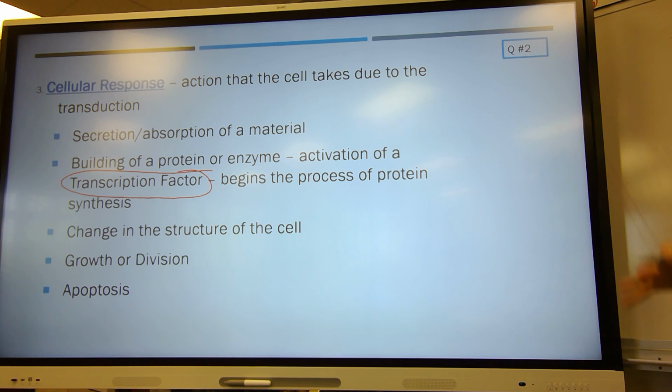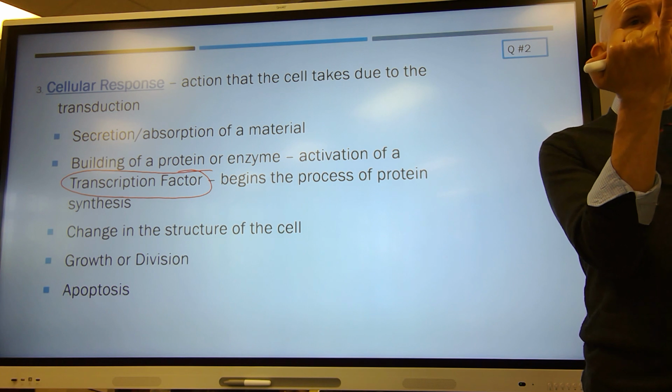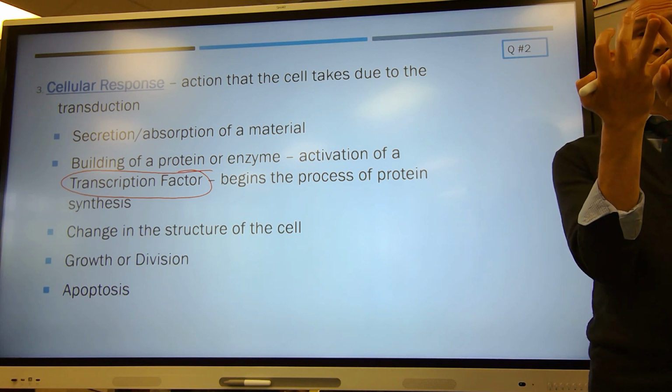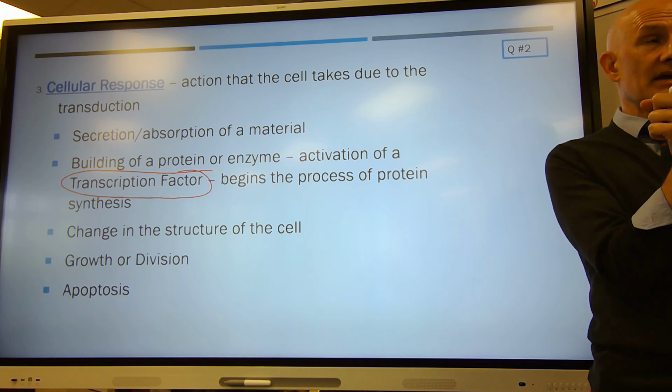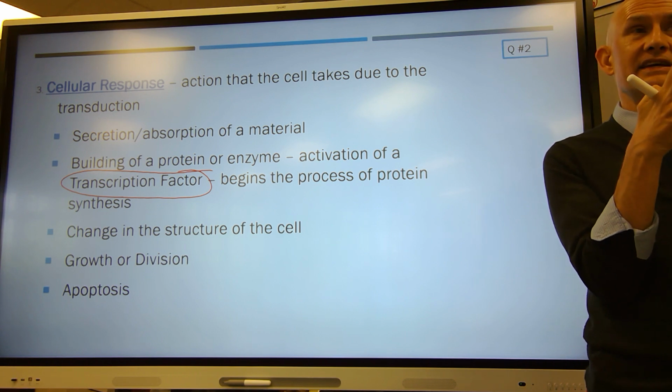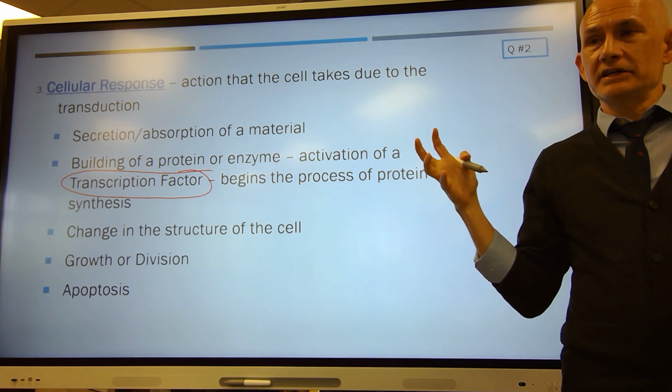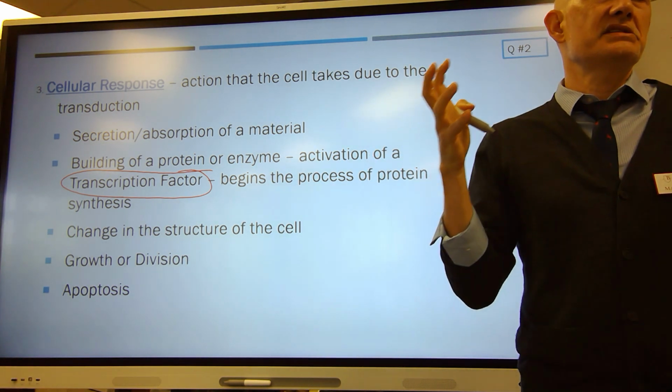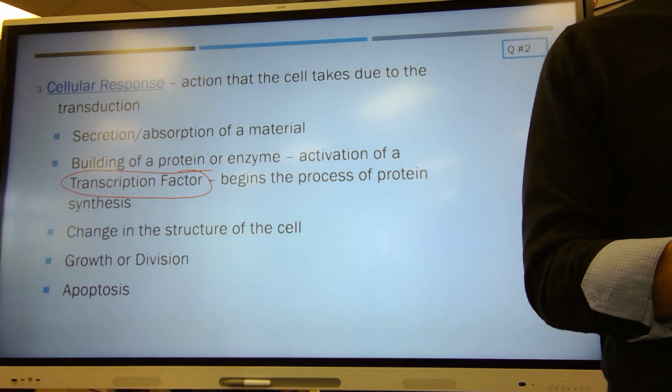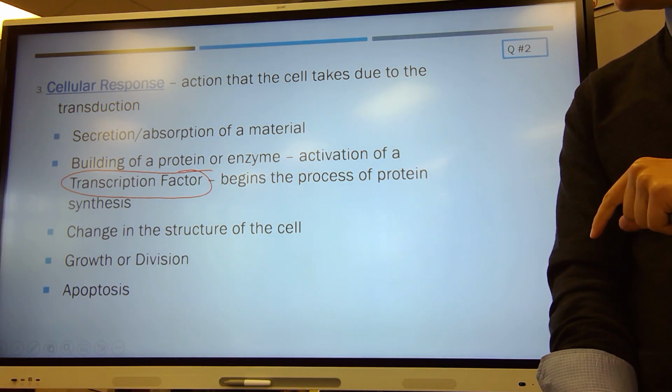So these are the main things that will happen. As all this process is going on, you need the signal, you need the transduction mechanism, you need the reception mechanism, and all of them involve proteins. All those proteins have to be made from DNA, RNA, etc.